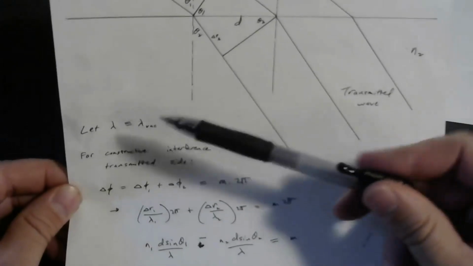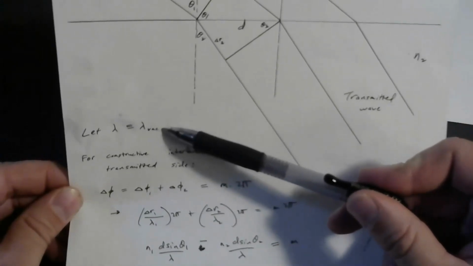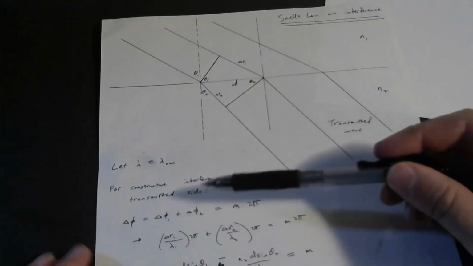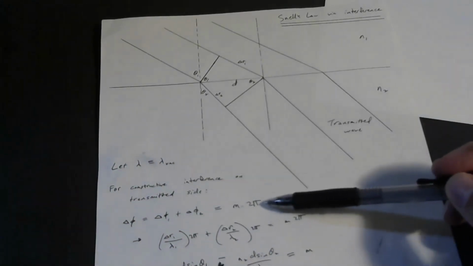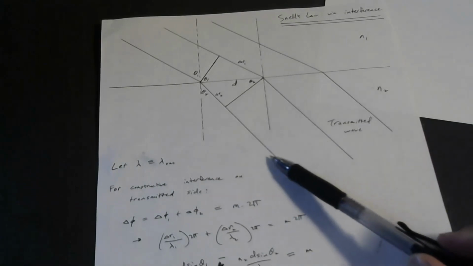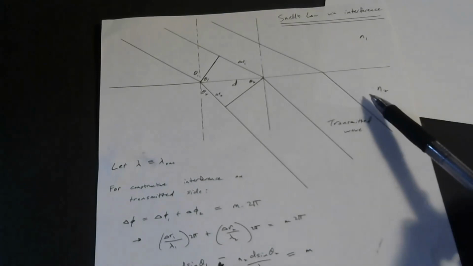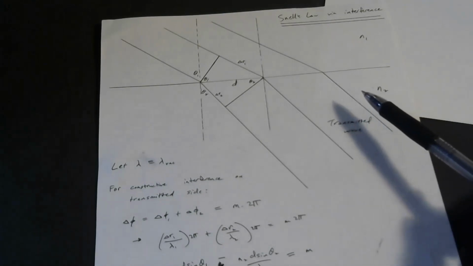It seems I've gone with a slightly different notation for the vacuum wavelength, lambda vac. And we'll go back to the little equation that we used a lot in chapter 17. At any point on the transmitted side here, there's going to be a total phase difference for two adjacent rays.